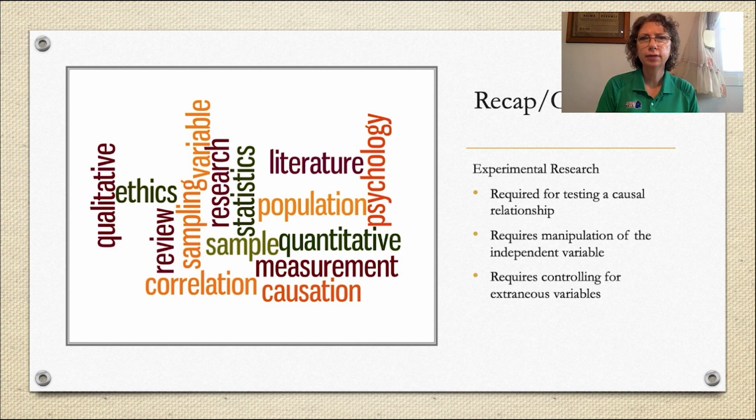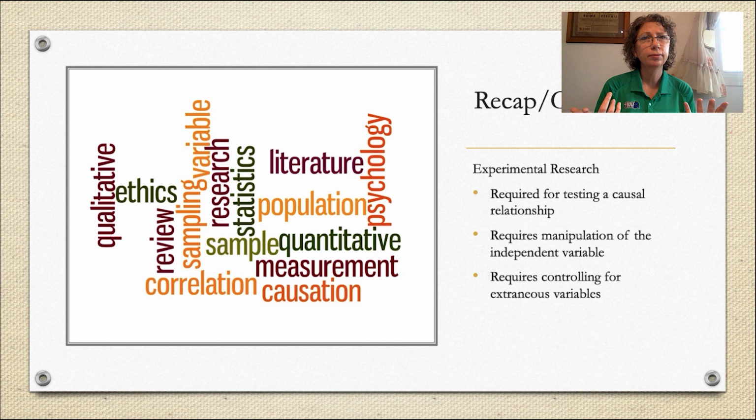So that kind of concludes what we have here. What you want to remember, experimental research evaluates a causal relationship. It's the only one that can, but it does have strict conditions. It's got the condition that the researcher has to manipulate the independent variable.